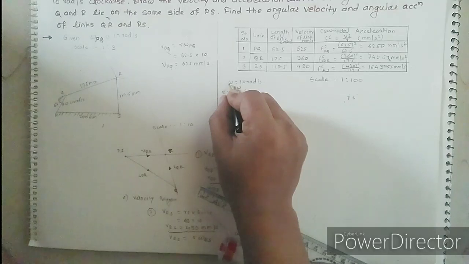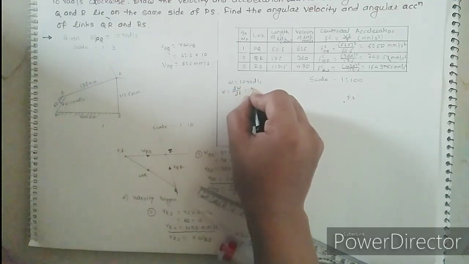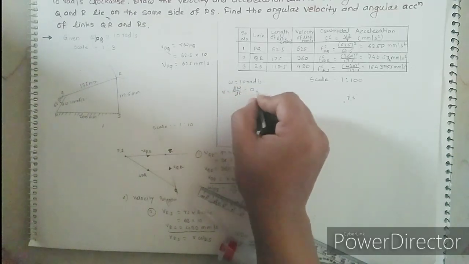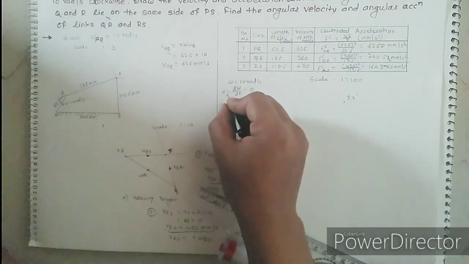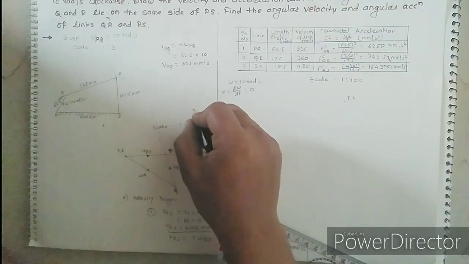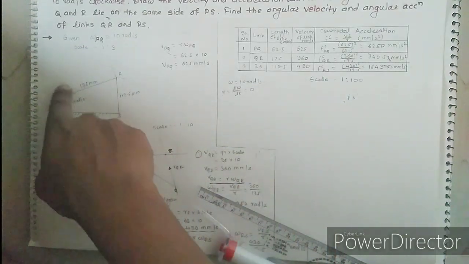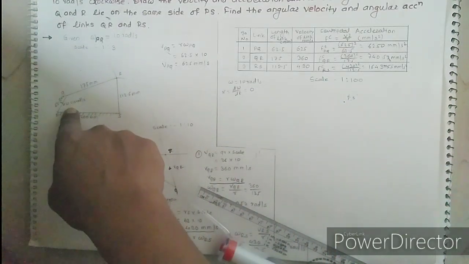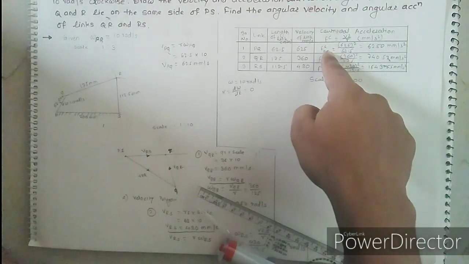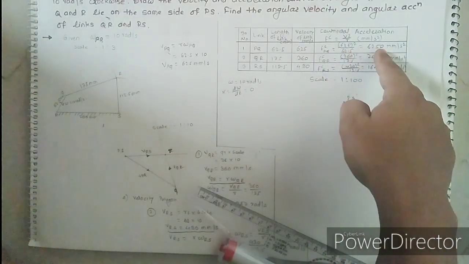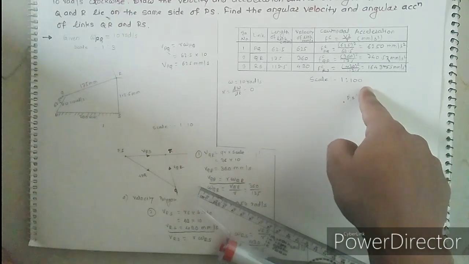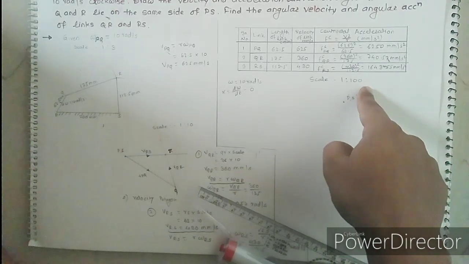As omega is constant, alpha is 0, since the derivative of a constant is 0. If alpha, the angular acceleration, is 0, there is no tangential acceleration in the case of PQ, that is the crank. So we just have to draw the centripetal acceleration, that is 6250. For that we have chosen a scale of 1:100.